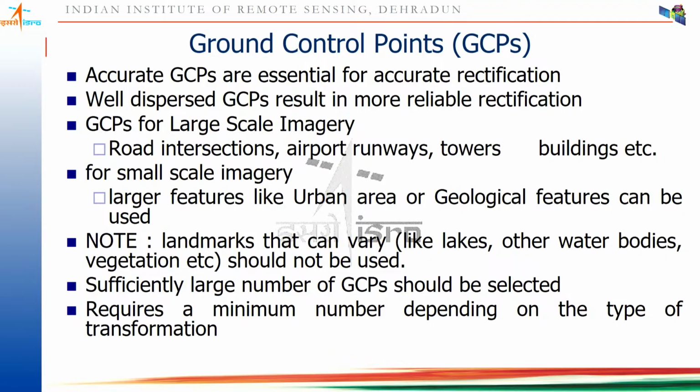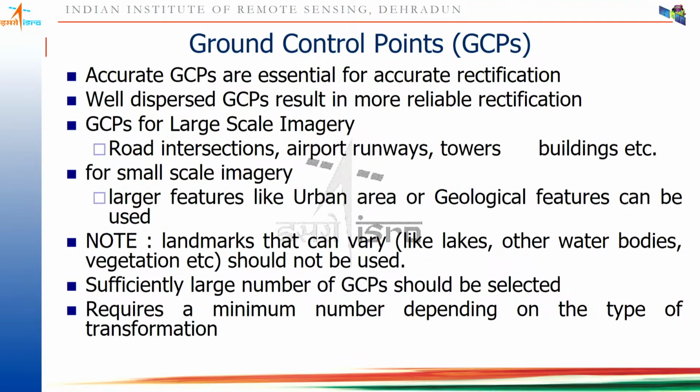Now, if my image is a high resolution imagery, we can see points such as road intersections, airport runways, corners of buildings, towers, etc. But if I have a medium to low resolution imagery, then these man-made objects are not visible. Then we have to depend upon larger features like larger urban areas or geological features.